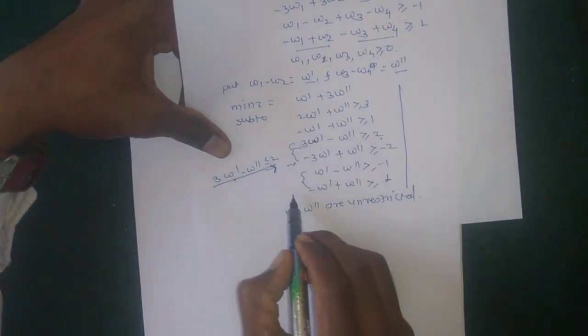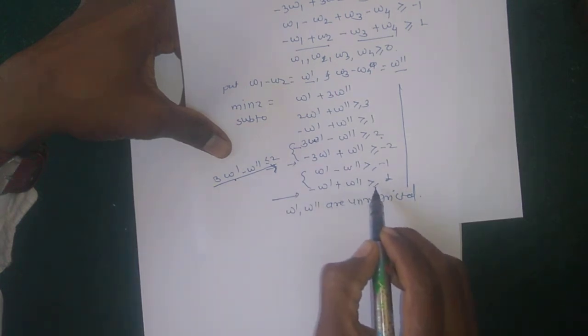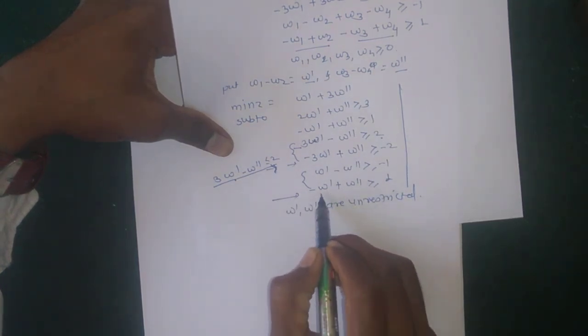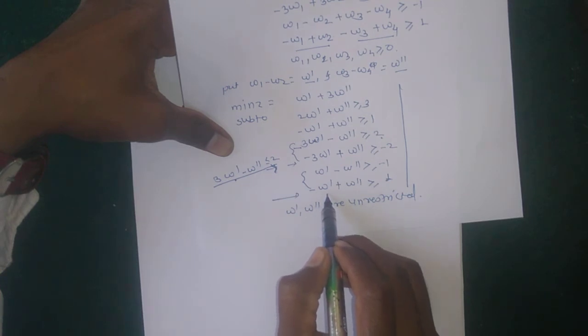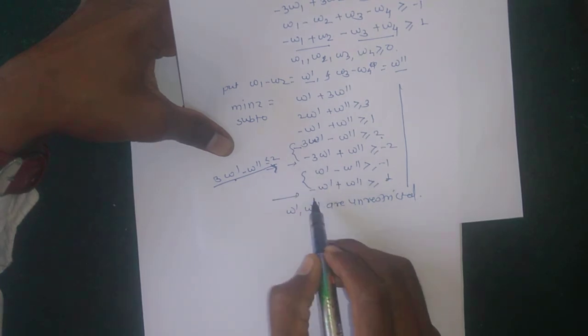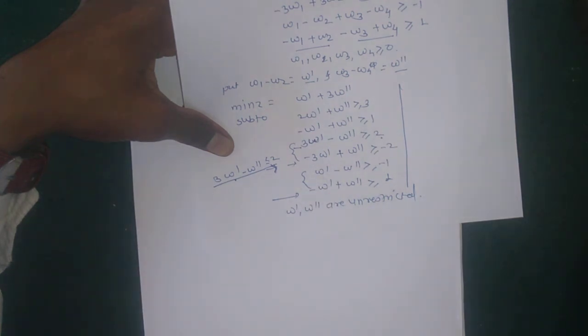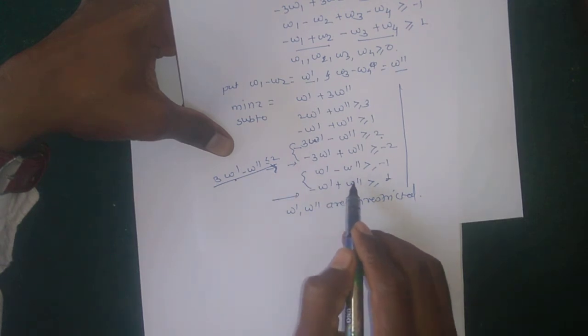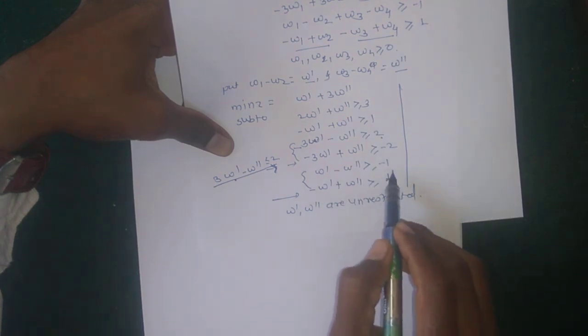Okay, and similarly if we multiply any one of these constraints by -1, then these two constraints are the same, of equal type.